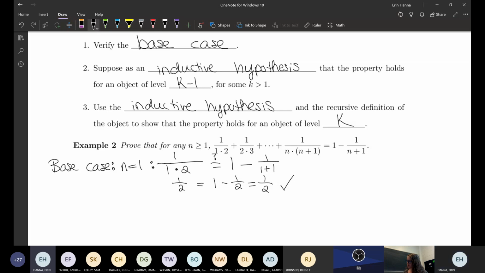Now, once you've replaced the inductive hypothesis into the thing you're working with, you want to manipulate it into what we want. So we want it to somehow turn into 1 minus 1 over k plus 1. We have the 1 minus already, so it's probably that last two pieces that we need to manipulate to get the 1 over k plus 1.